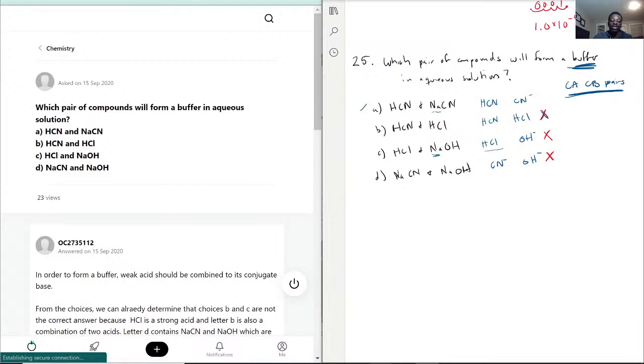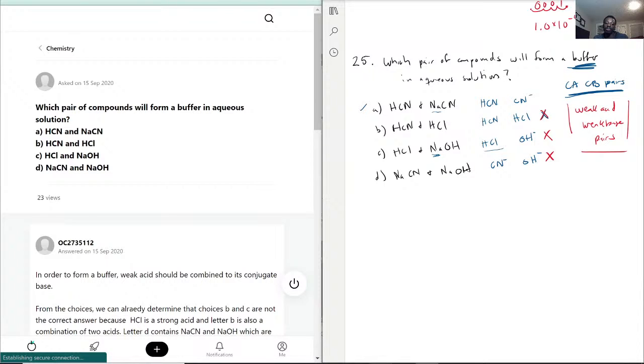The thing that we mentioned about buffers is that you need weak acid, weak base pairs. Because strong acid and base dissociate completely, which ruins the whole thing, okay?